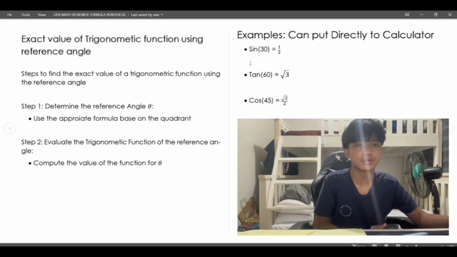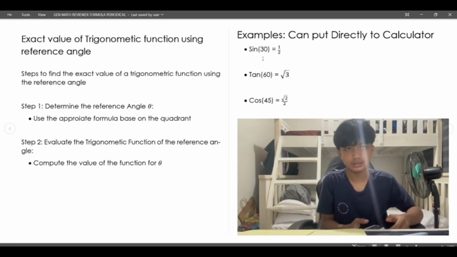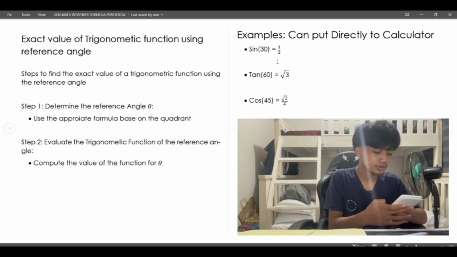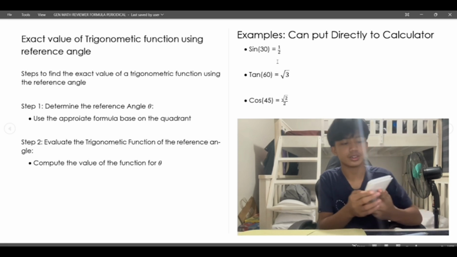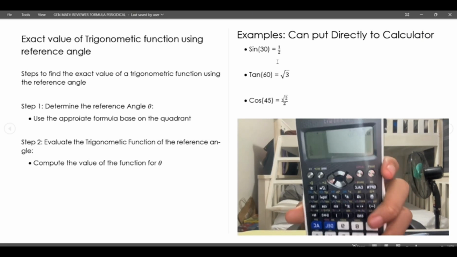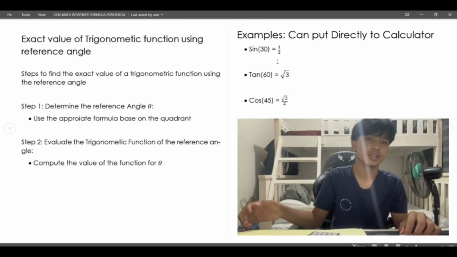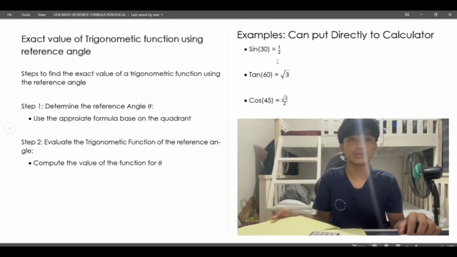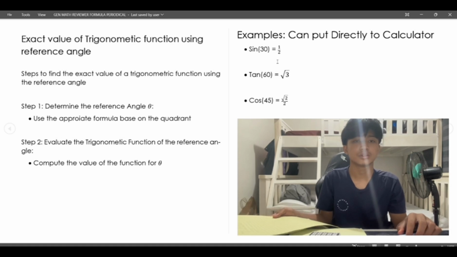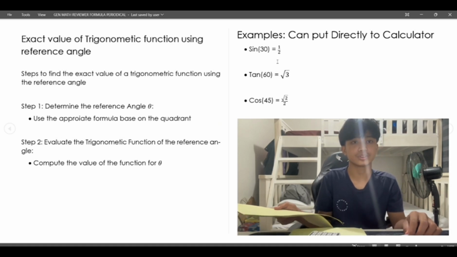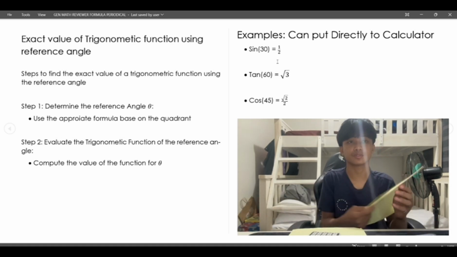Our first example is sine 30. When we put sine 30 on the calculator, it results in 1/2. If we don't have a calculator, we can use the right triangle with angles 30, 60, 90.